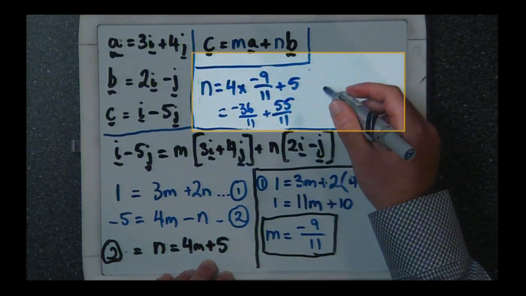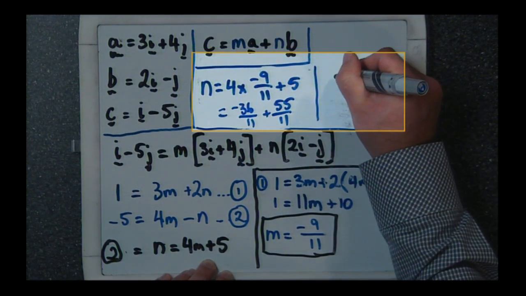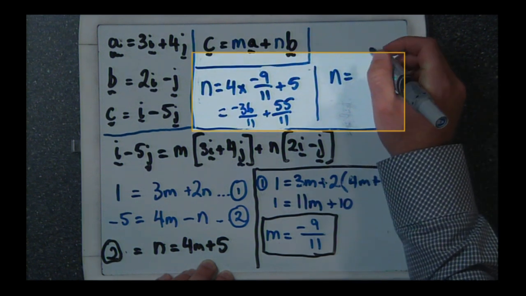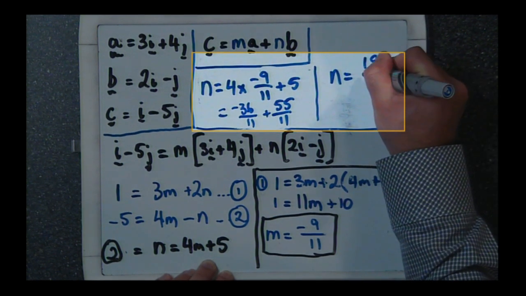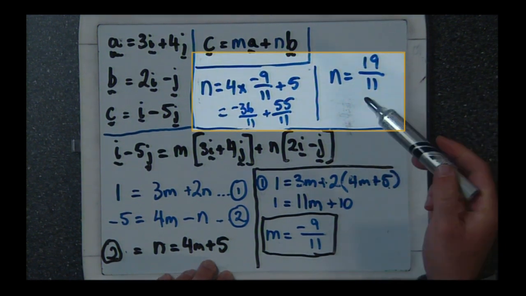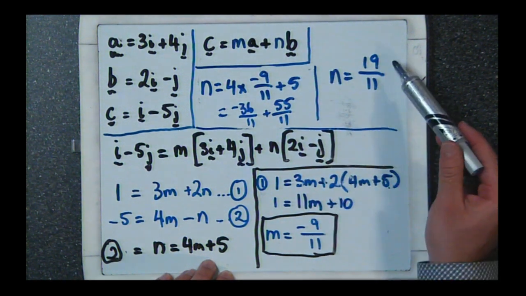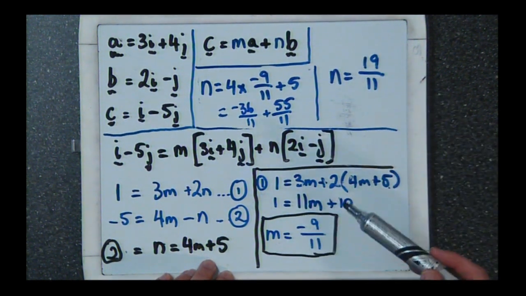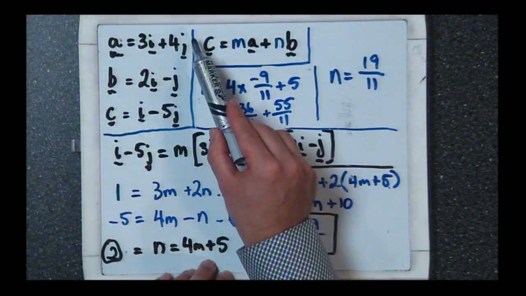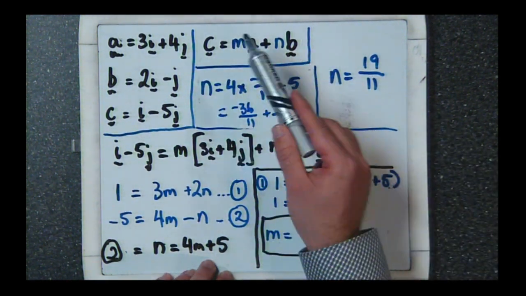Adding up those fractions, 55 minus 36 gives n equals 19 over 11. So if A and B are scaled by these amounts, they can come out to be vector C. So these vectors are linearly dependent.